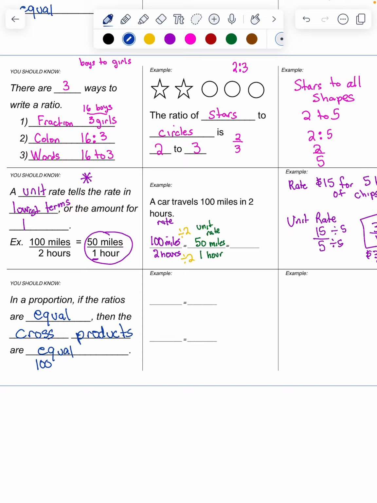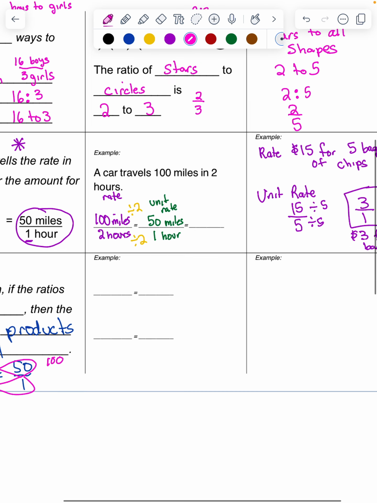So if I do 100 over 2, and I'm going to ask, is this proportional? I am going to do a cross product, and I'm going to multiply 2 times 50 and get 100. And I'm going to multiply 1 times 100 and get 100. And notice the numbers are equal. They are proportional.